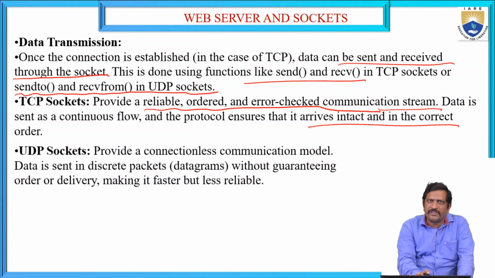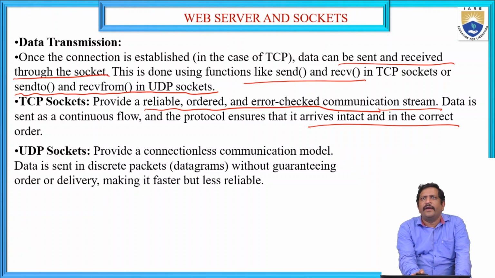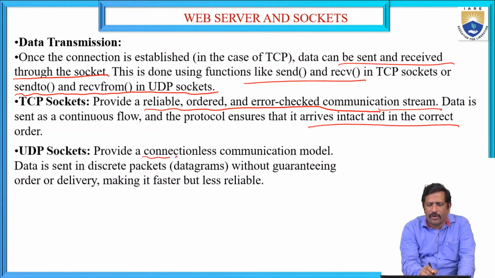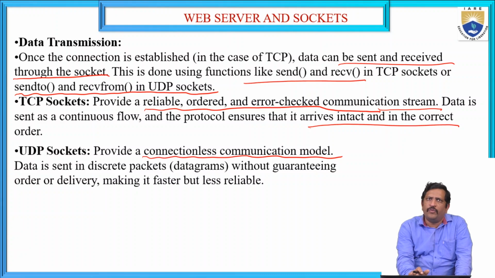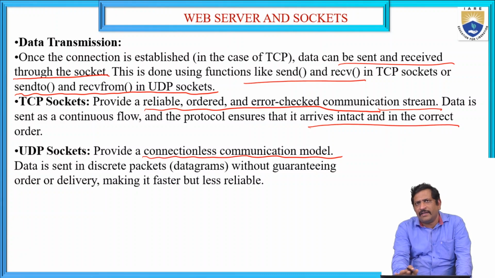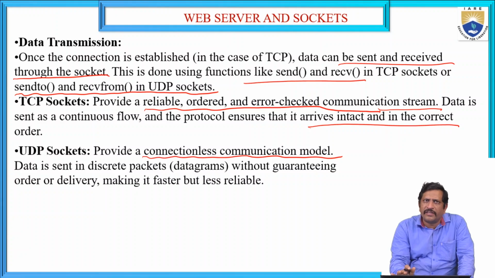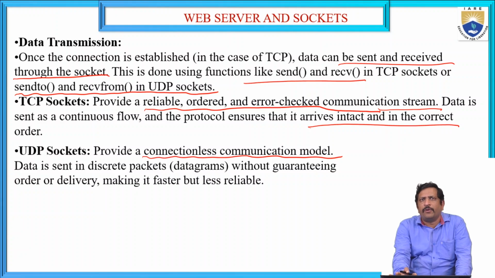UDP sockets provide a connectionless communication model. If the communication is connectionless, the best example is mobile communication. In this communication we utilize UDP, the User Datagram Protocol, because it is a connectionless protocol. Without connection establishment, the data can be transferred with the help of UDP.